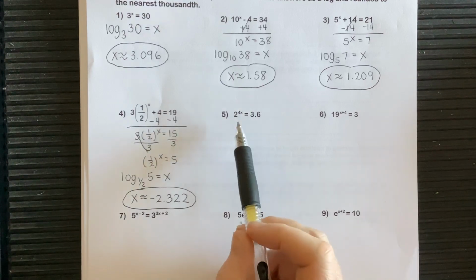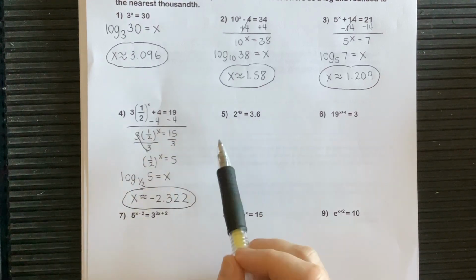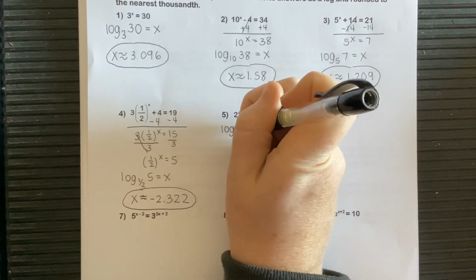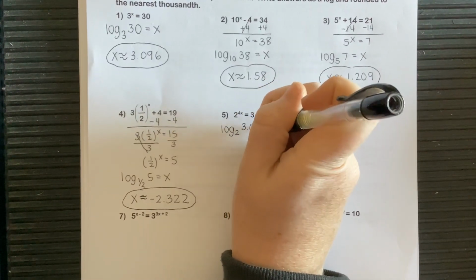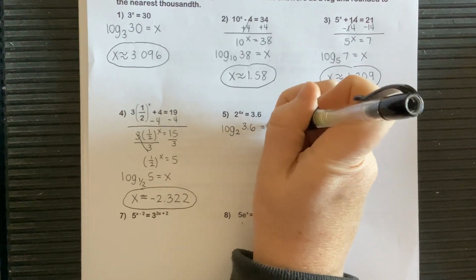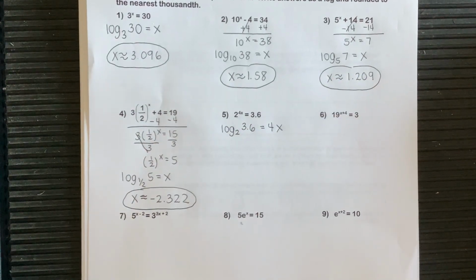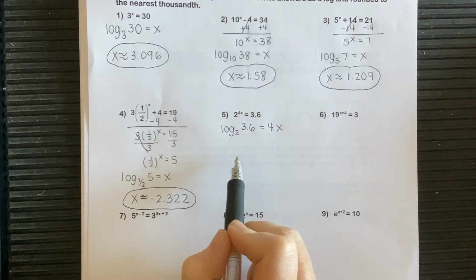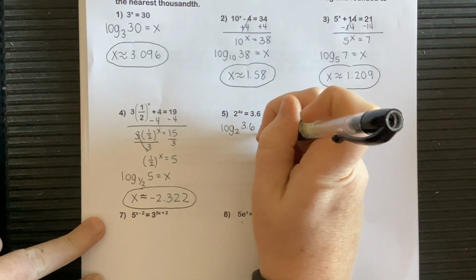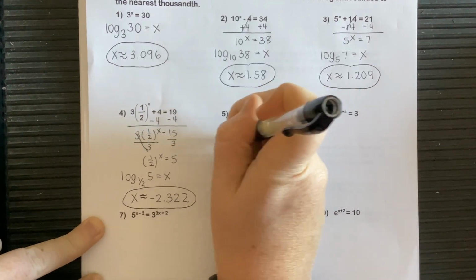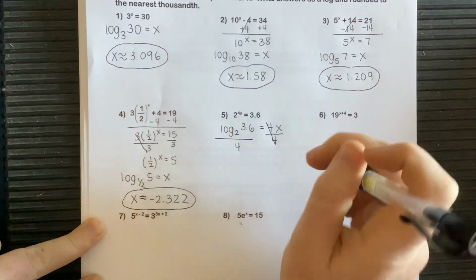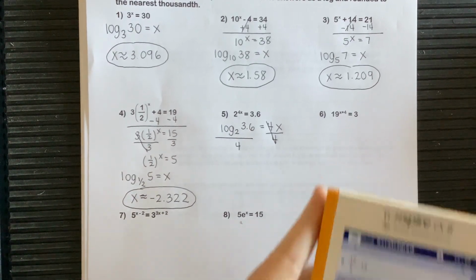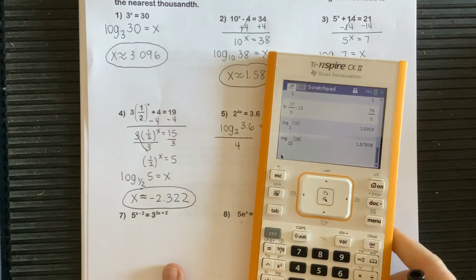All right, next one. We already are isolated, so we can go straight into writing as a log. This is going to be log base 2 of 3.6 is equal to 4x. You could solve this in your calculator, see what you get, and then divide, or I know I'm going to have to divide by 4, so I can write all that in my calculator at one time.